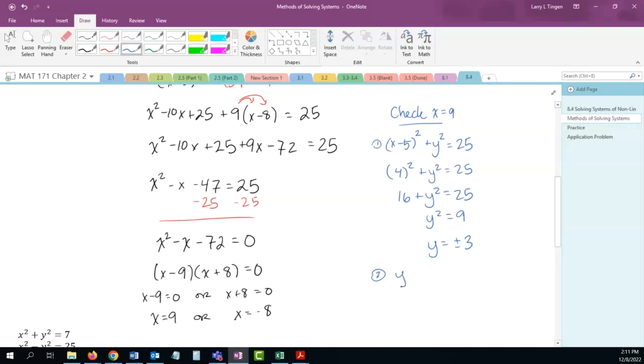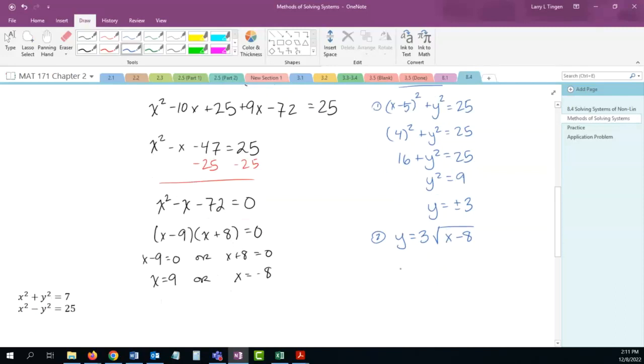Well, the second equation is y is equal to 3 times the square root of x minus 8. I'm plugging in 9 for x. 9 minus 8 is 1. Square root of 1 is 1. 1 times 3 is 3.